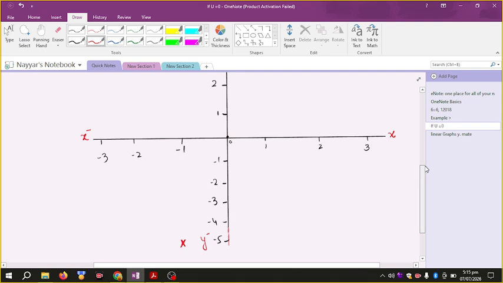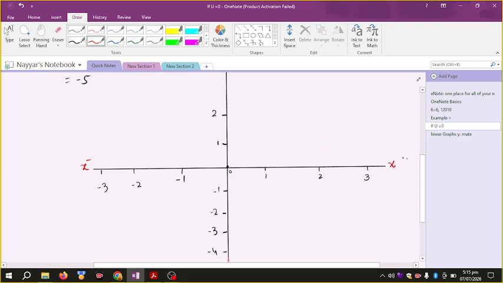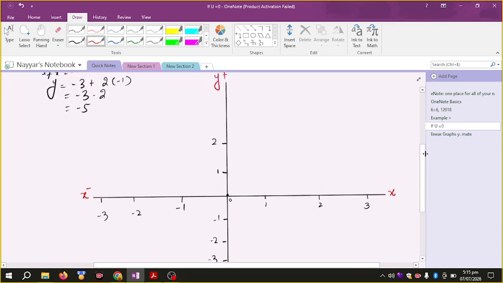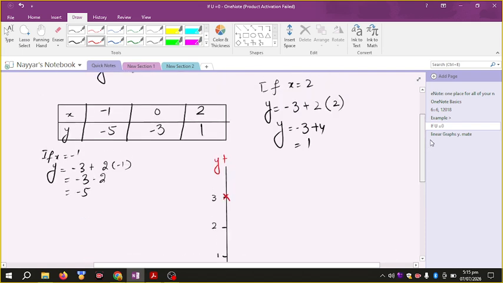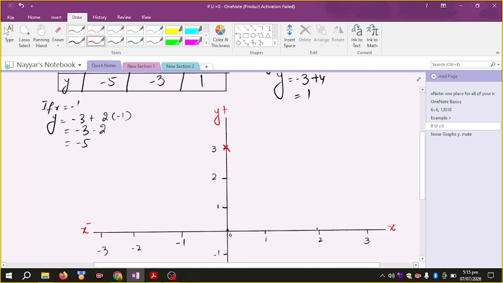Okay, and the second point is 0 and 3. X is 0 and y is 3. So here this is x 0 and y 3 is here. And the next point is 2 and 1. So x is 2 and y is 1. This is x 2 and this is y 1.